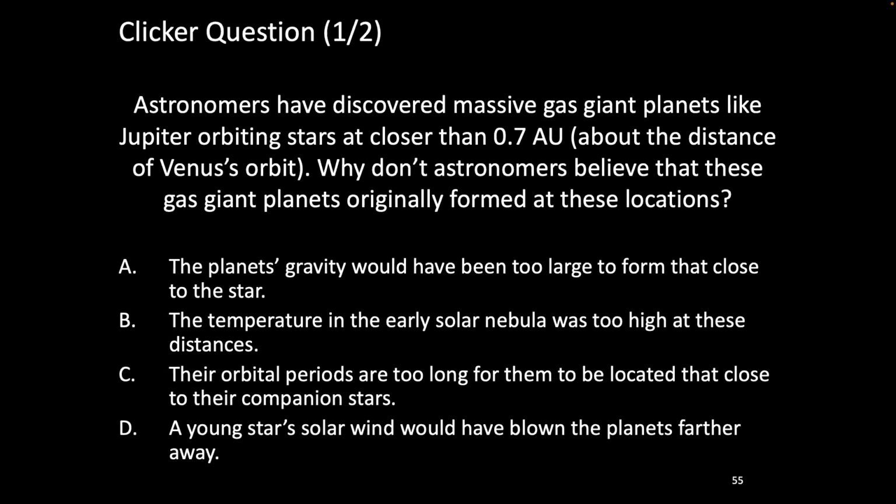Why don't astronomers believe that these gas giant planets originally formed at those locations? Is it A, the planet's gravity would be far too large to form that close to the star? B, the temperatures in the early solar nebula were too high at these distances? C, the orbital periods are too long for them to be located that close to their companion stars? D, a young star's solar wind would have blown the planets further away.